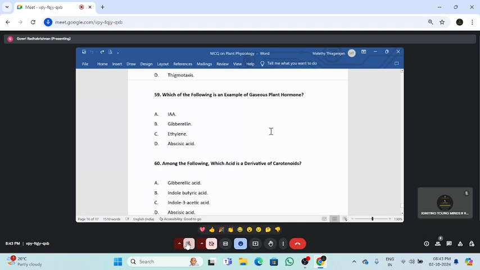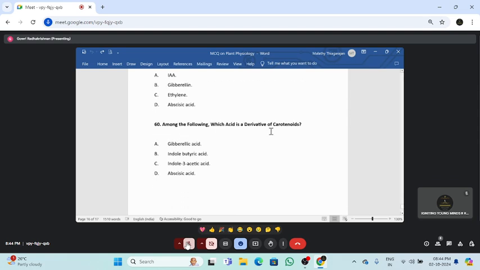Which of the following is an example of gaseous plant hormone? Ethylene. Yes, correct. Among the following, which acid is a derivative of carotenoid? Option D, abscisic acid. Yes, correct.